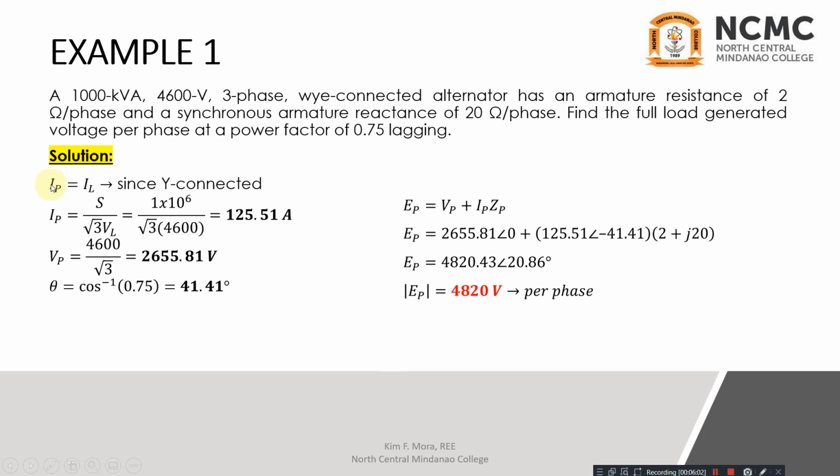So meaning ang atong IP or ang atong current per phase is just equal to our line nga current, no? So they are just equal. So we have this formula, IP is equal to S over square root of 3 VL.